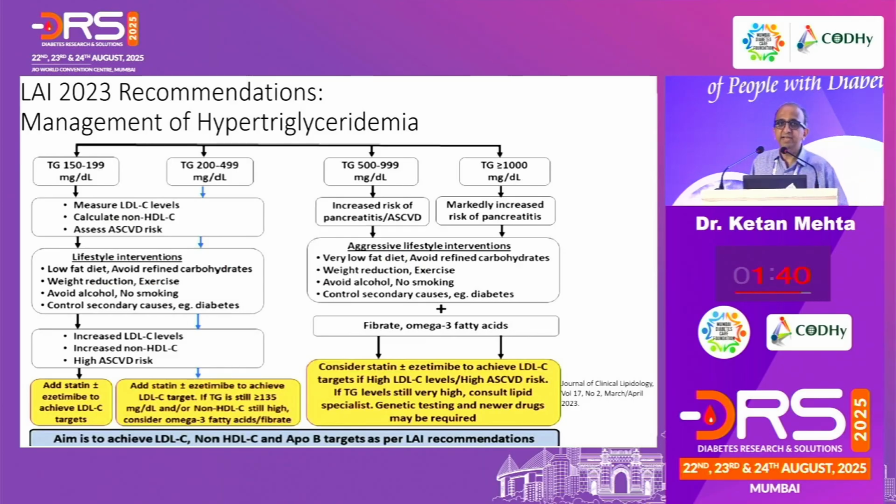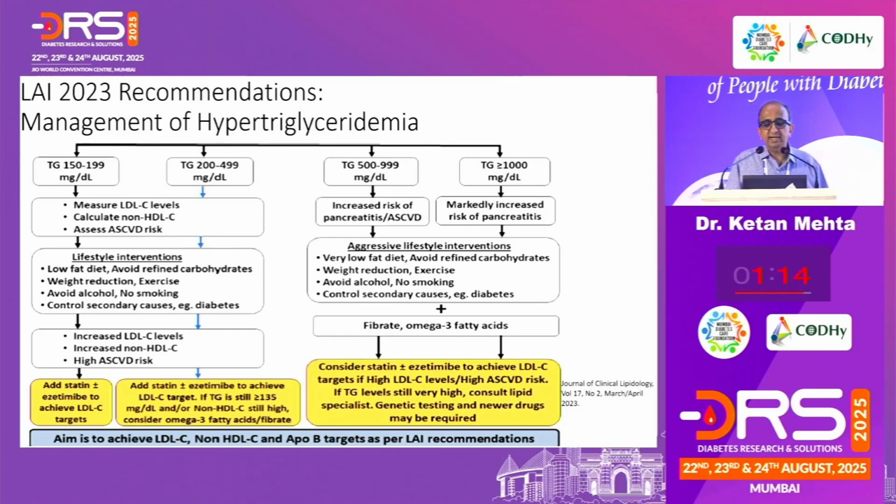And what is the recommendation? That is one point which you need to keep in mind as per the LI recommendations: if the triglyceride is 150 to 199, again you need to take care of the lifestyle measures and the dietary modifications. When it is 200 to 499, you should still primarily be targeting LDL cholesterol, and that is where the statins come into role.